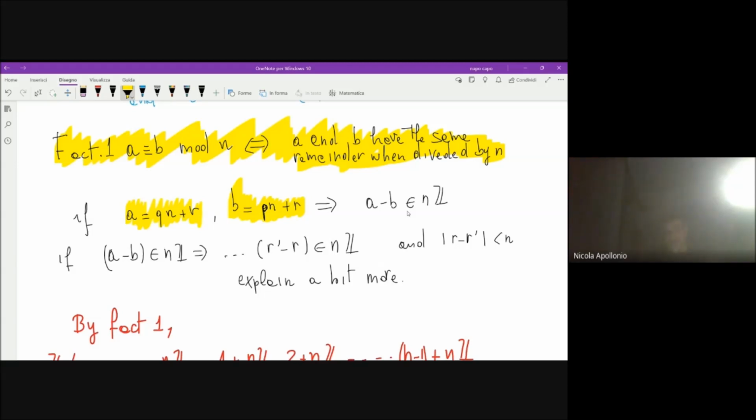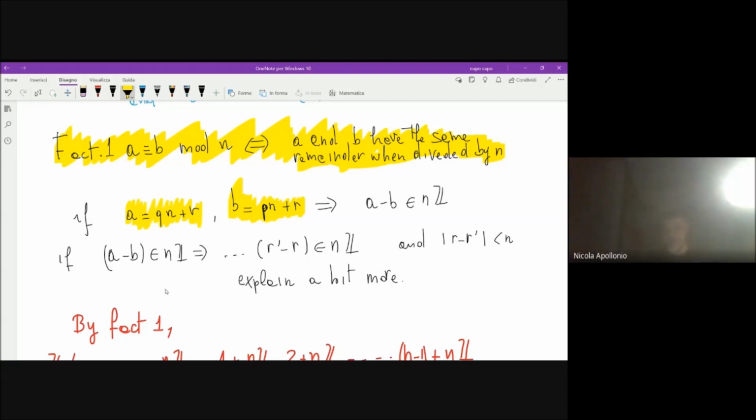Just assume that, pick two such representations now with two different remainders, not necessarily, but differently denoted, R and R prime.